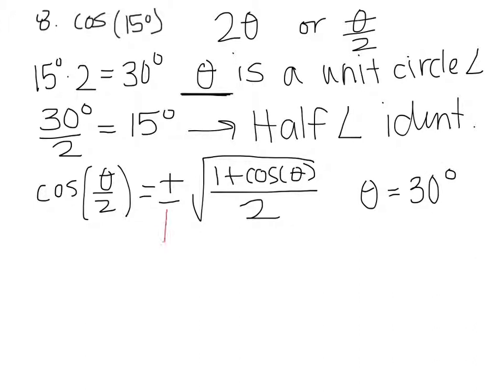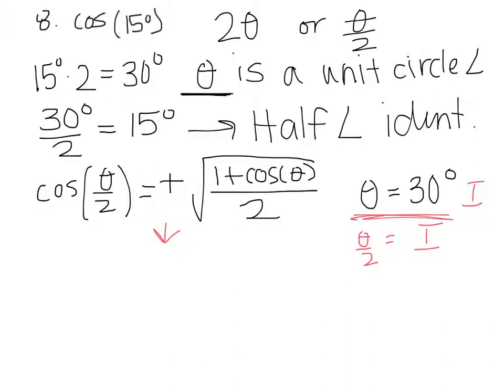What you've seen from the previous slides is that the plus or the minus in these homework problems all depend on where your theta is located. So theta is in quadrant 1, and theta over 2 is also in quadrant 1.